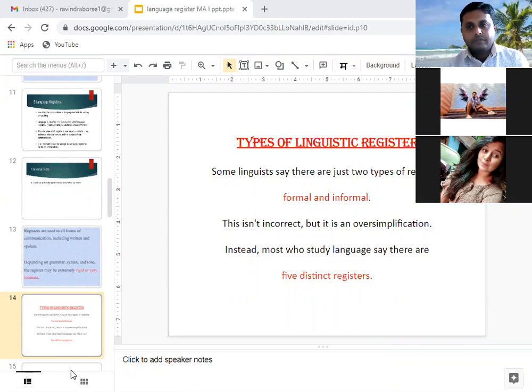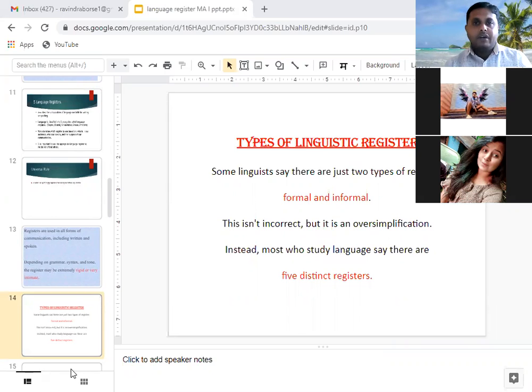So types of linguistic register. Some linguists say that there are just two types of register, that is formal and informal. So formal communication is there and informal communication is there, roughly. One is formal and second is informal.